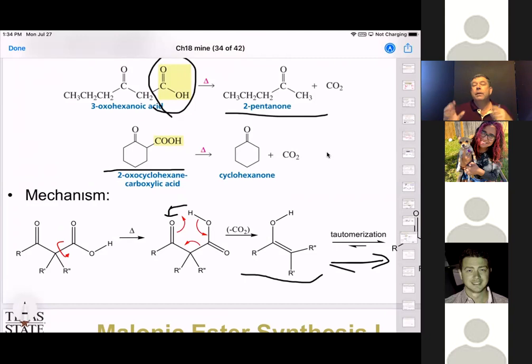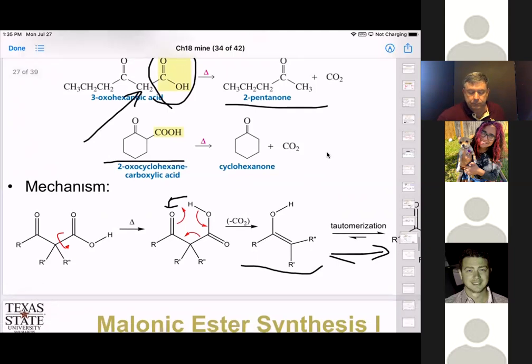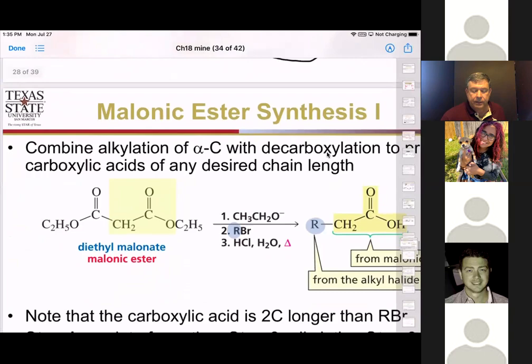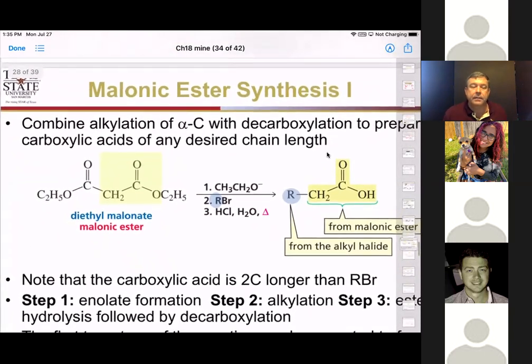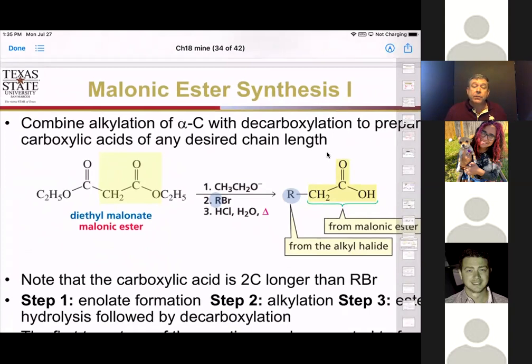So now that we know we can do that decarboxylation, let's build on this alpha hydrogen center that is in between those two carbonyl compounds. Okay, and we typically do something where we have a dicarbonyl compound. The first one I want to talk about is what we call malonic ester.